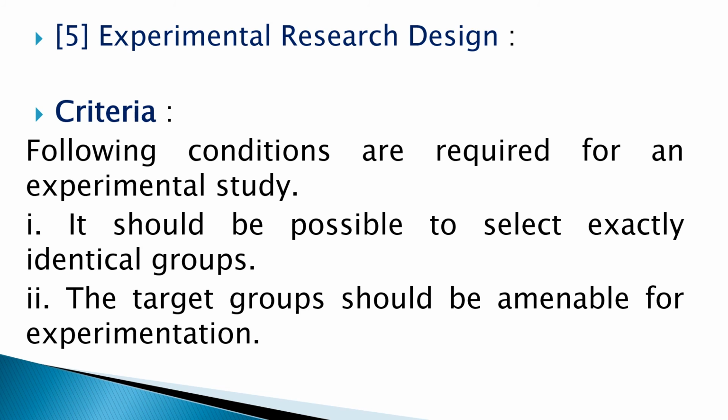The criteria of the experimental research design. Following conditions are required for an experimental study. The first is it should be possible to select exactly identical groups, and second is the target groups should be amenable to experimentation.